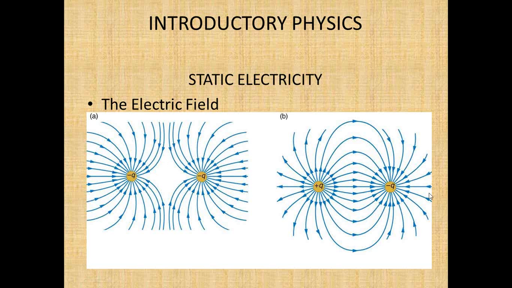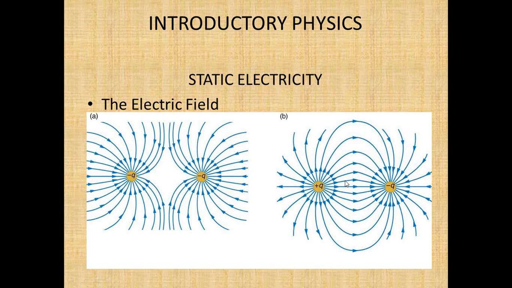If you have a positive and a negative charge, remember what we said about a positive charge. To determine the direction of the lines, you have to think in terms of a positive test charge. Always think in terms of a positive test charge.